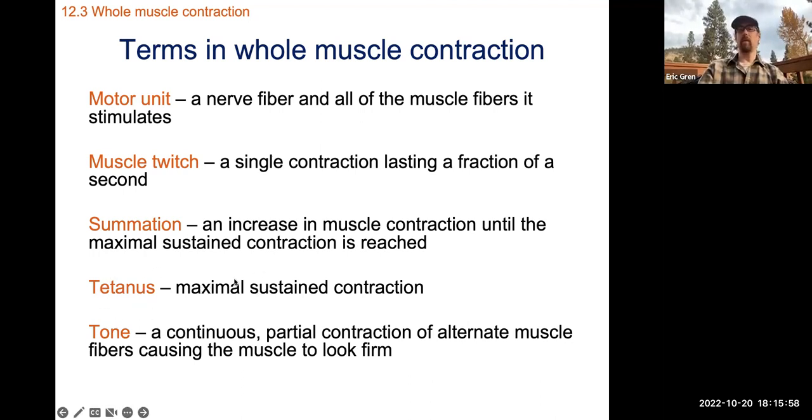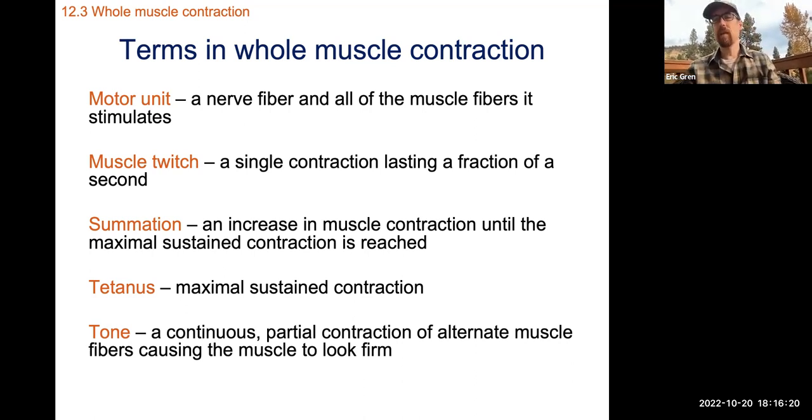Tetany is maximal sustained muscle contraction, and is usually not something that you can voluntarily do. If you're seeing true tetany, that's usually only showing up in really unusual circumstances, such as if you've got a microbe that's attacking the neuromuscular junction.